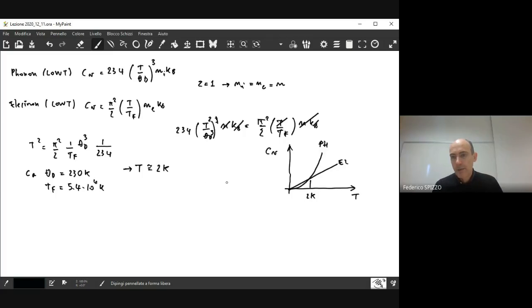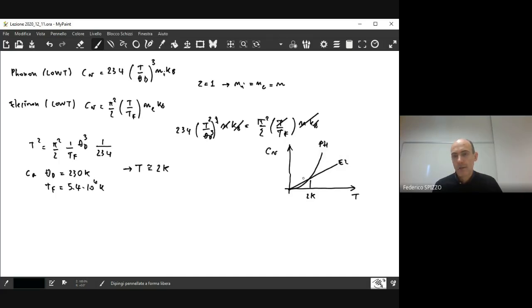And in particular, you expect to find this change of dependence of the specific heat on temperature only for metals, because the electronic contribution that comes from nearly free electrons can be observed when the electronic density close to the Fermi energy changes depending on the temperature. So that happens if the electronic band is not completely filled. If that is filled, then you have no change of occupancy because the band is always filled.